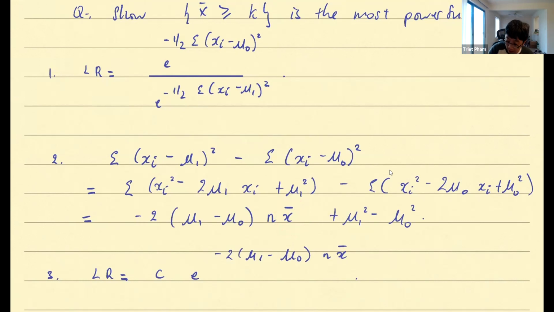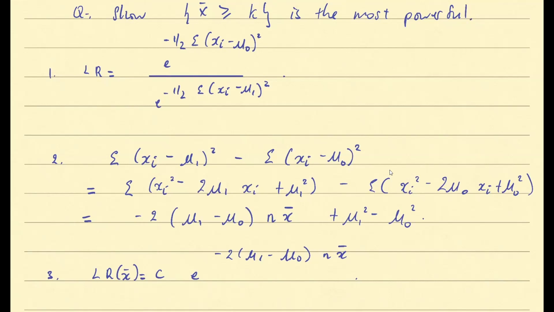So you see, that's the task. That is exactly the point of establishing the functional relation between LR and X bar. Any question here? Could you repeat that one more time? So I assume you mean this.